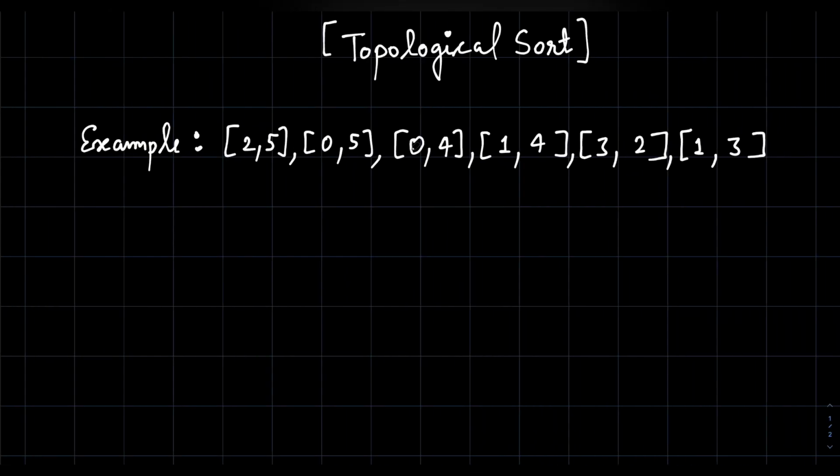So you have to complete the second course, then only you can take the first course, otherwise not. And if you are not able to do that, you have to return false.